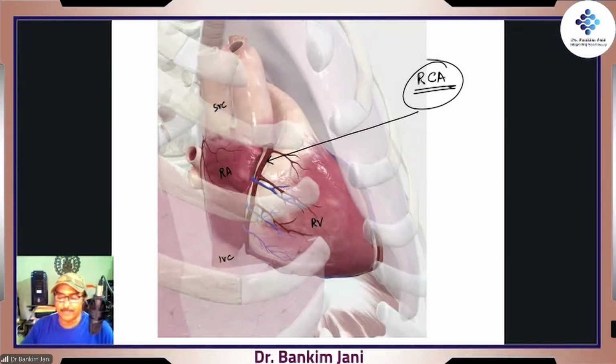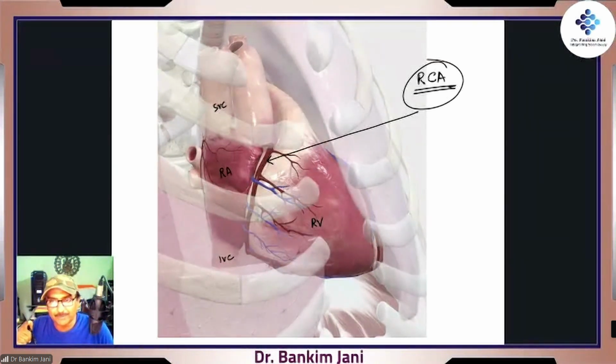So when we say right coronary artery, it passes through what? We said that it passes through the anterior atrioventricular groove. Now it makes complete sense. It is passing through the atrioventricular groove, and because this is the right side, the right side is anterior.